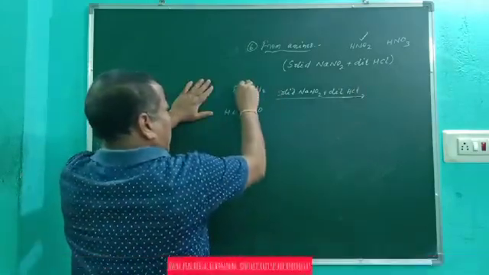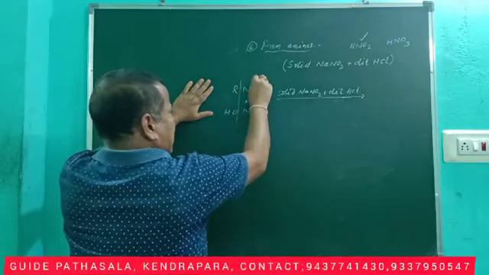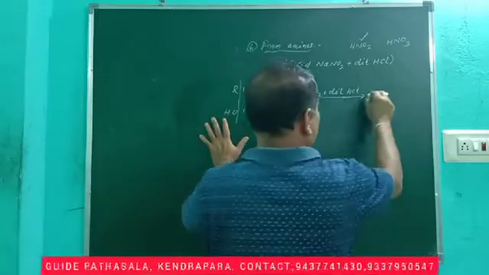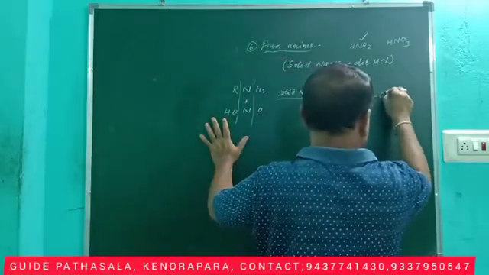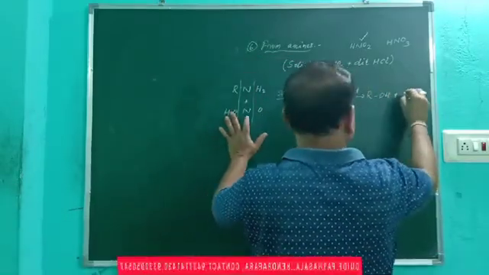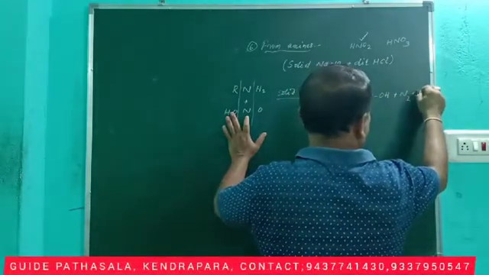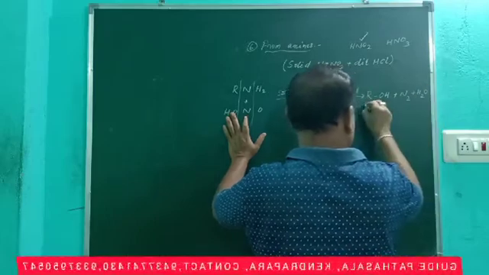Then this bond breaks like this. This is one part, this is another part. So ROH is formed, plus N2, plus H2O. ROH is your alcohol.